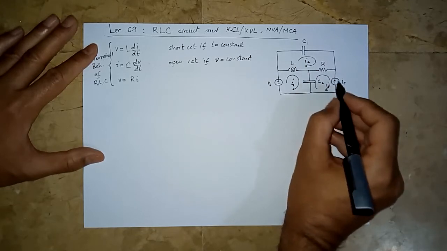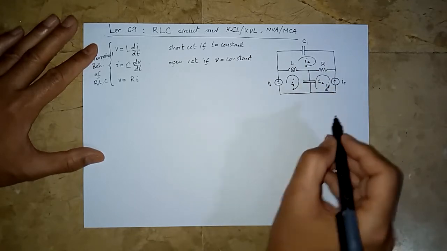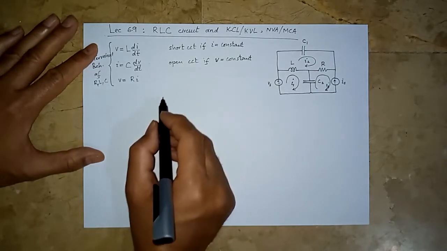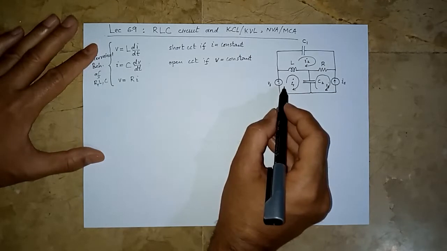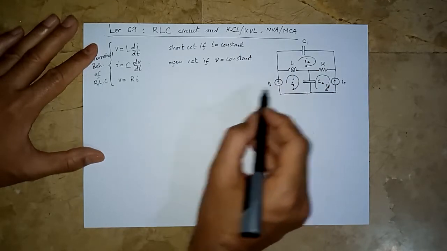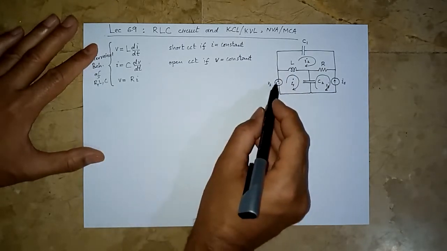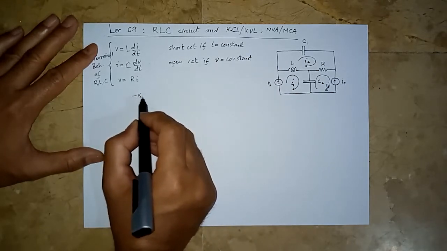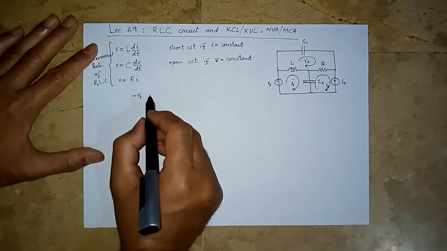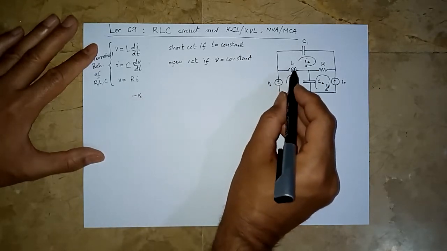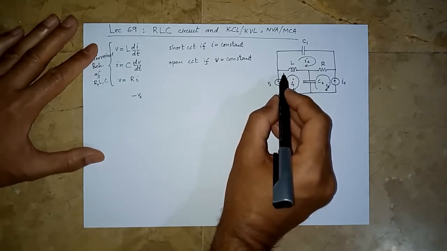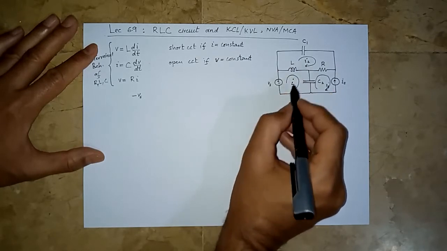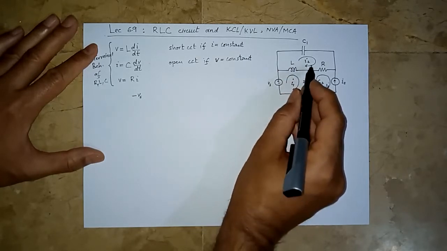The C2 has nothing to do with this mesh current, although it has something to do with the mesh current I3. So how would we write KVL here for these meshes? We already know that. So we have a voltage rise here, minus Vs of t, plus we need to write the voltage across this one. Had this been an R, we would have written R into I1 minus I2, because I1 is going in this direction and we are moving in this direction, and I2 is opposing that.